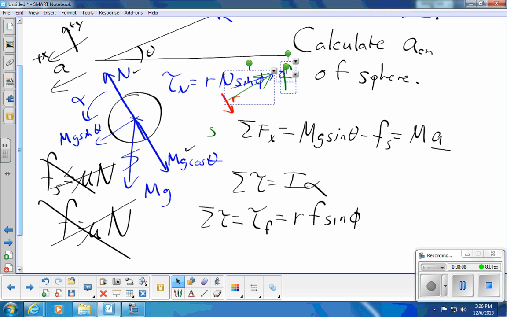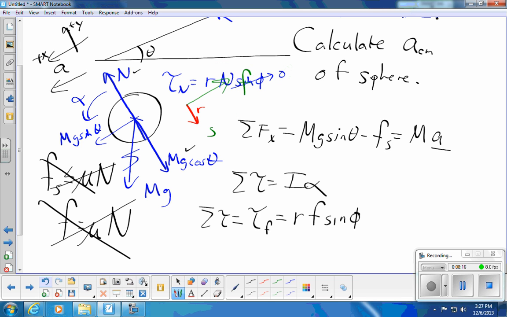Look at that, that's a 90-degree angle. So phi is 90 degrees, which means sine phi is 1. And so the torque created by the friction force is R times the friction force.